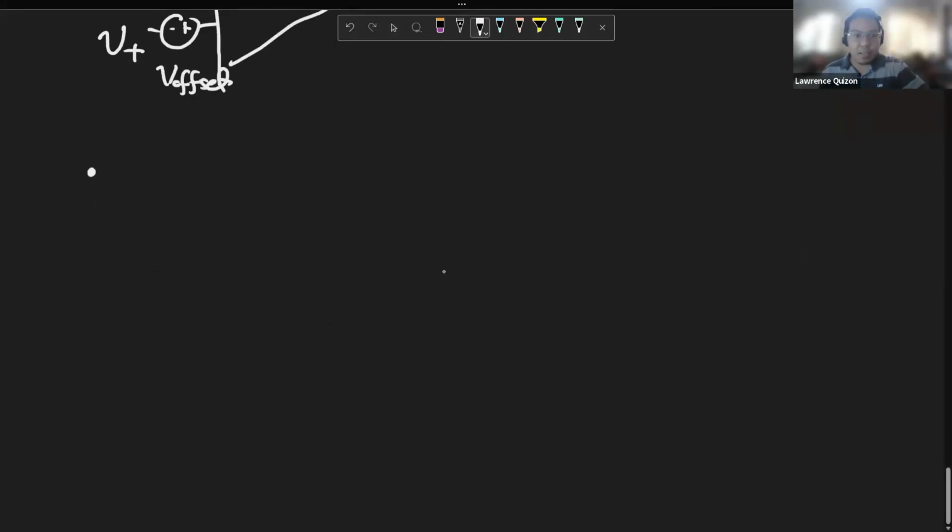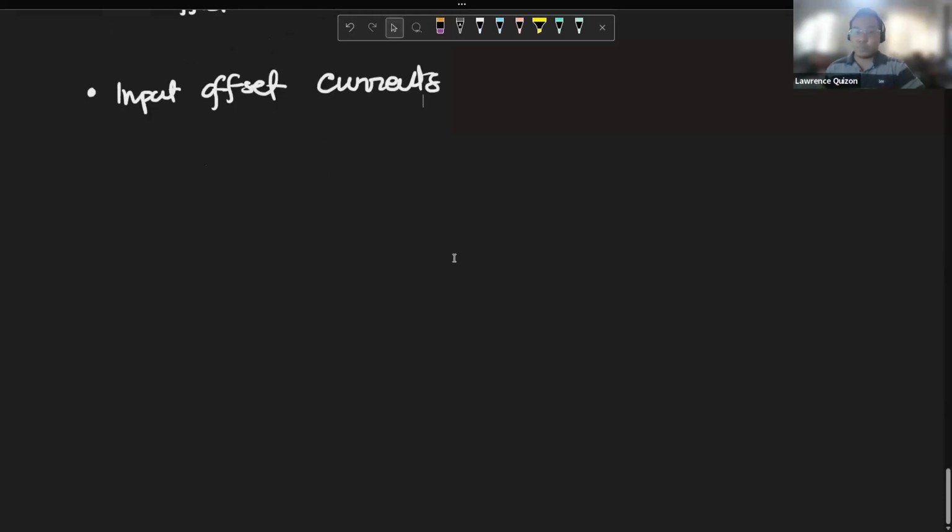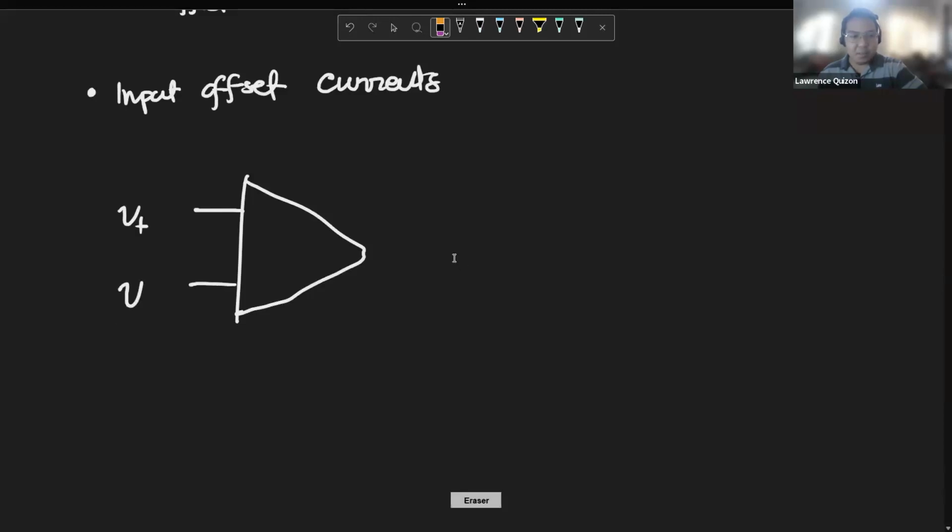The next non-linear non-ideality is the input offset currents. I'm going to draw the op-amp here. You may be able to imagine from the name what this input offset current means.